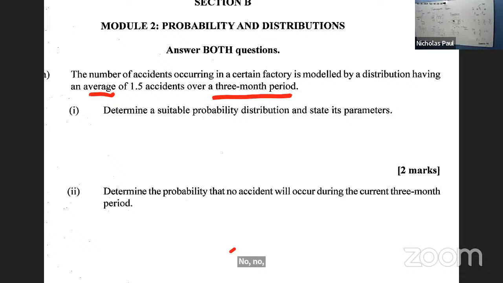So the number of accidents occurring in a certain factory is modeled by a distribution. X follows a Poisson with mean 1.5.